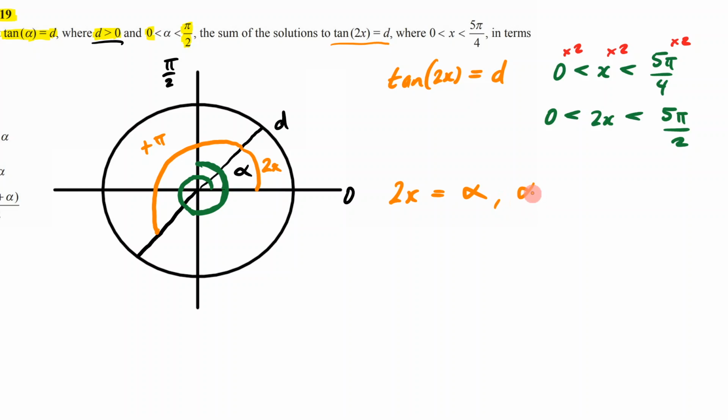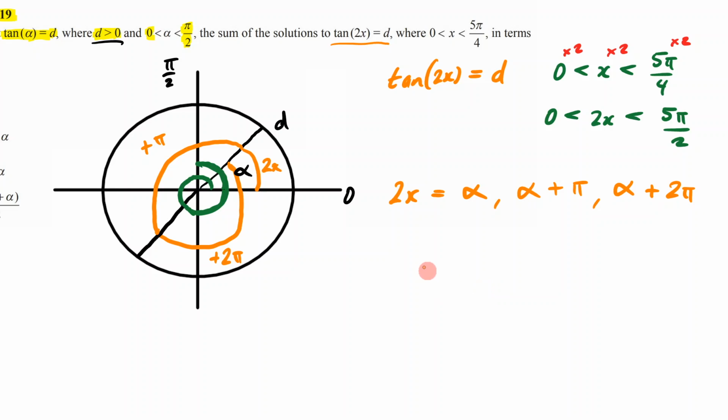So it's going to be alpha plus pi to get another solution down here. Now, as you can see, my green represents my domain that I'm working within, and you can clearly see that I can come back around to in here again, which means I'm going to go 2x, and now I'm going to plus 2 pi onto that to come back around to there, because I'm just coming back to the same spot. So that means I'm going to get alpha plus 2 pi.